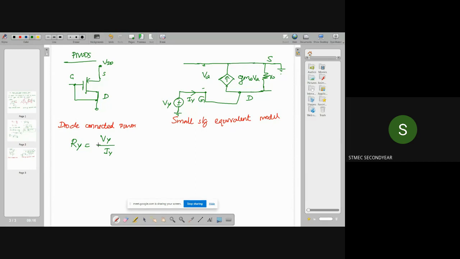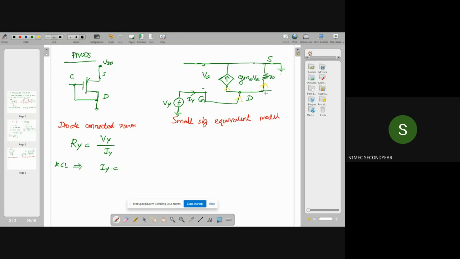Similar to the previous case, we can apply KCL at the drain terminal. So KCL at the drain terminal implies Iy is the current entering this point, and GM2 into V2 is the current leaving. Here the current will also pass through this R0.